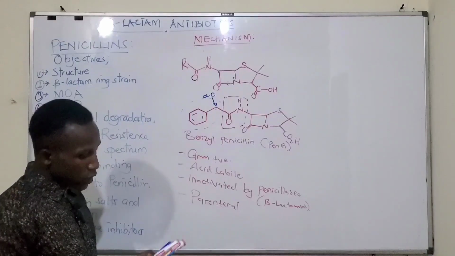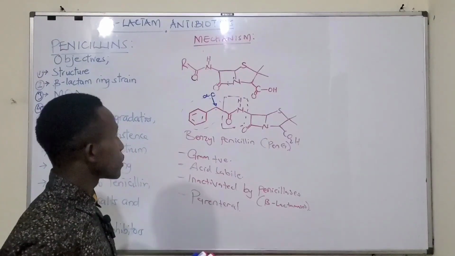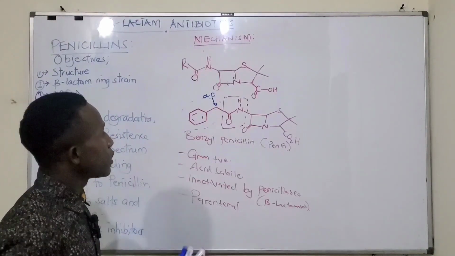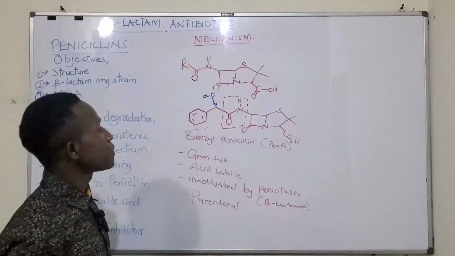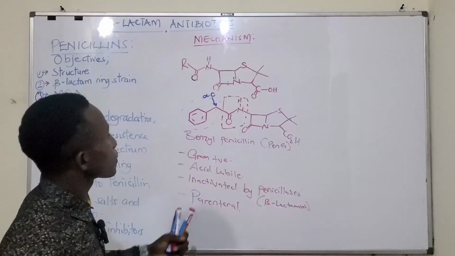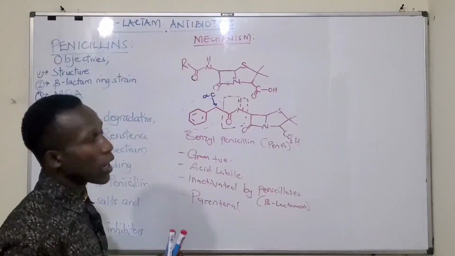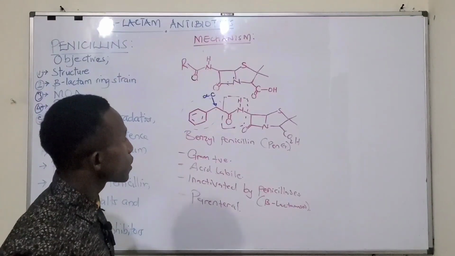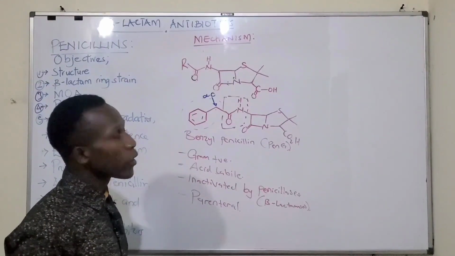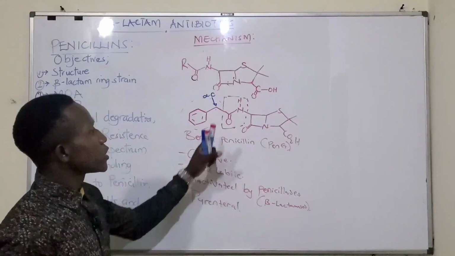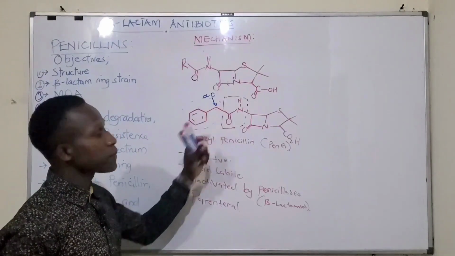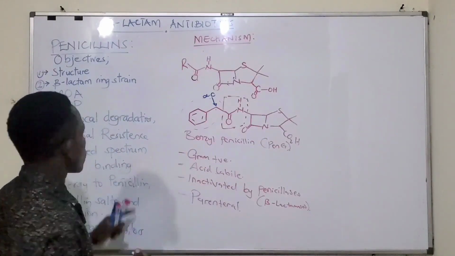So it's very essential. That carbon is very essential in the structure of penicillins. If we modify this alpha carbon and put highly electronegative atoms or electron withdrawing groups, we are changing the activity.